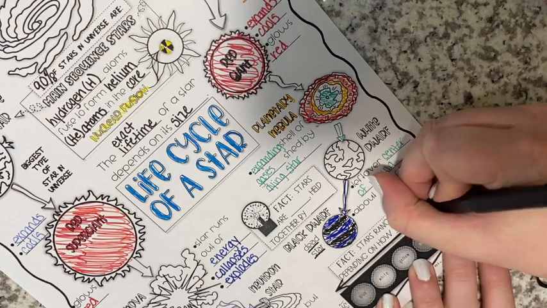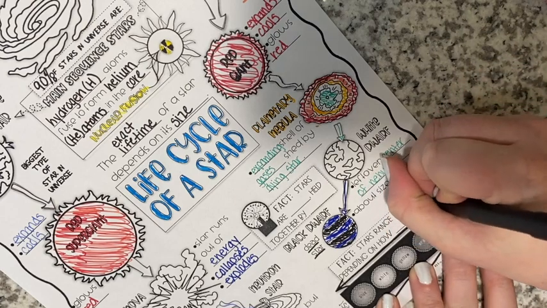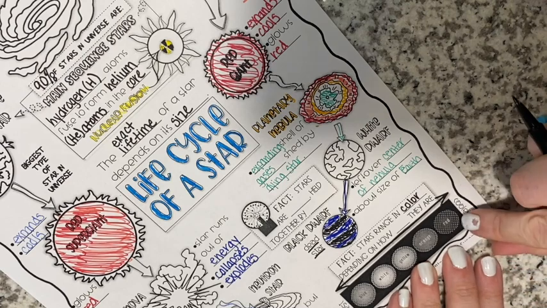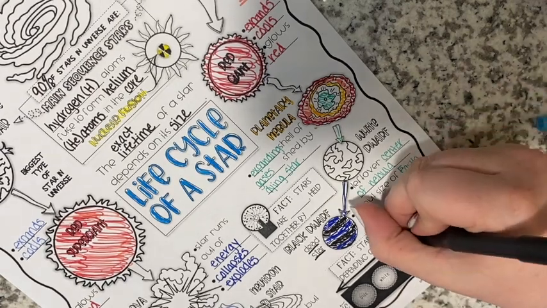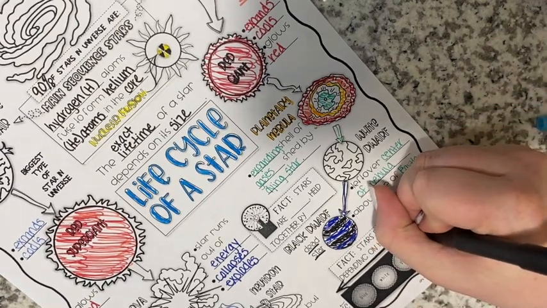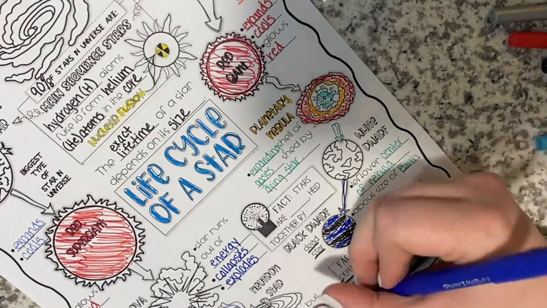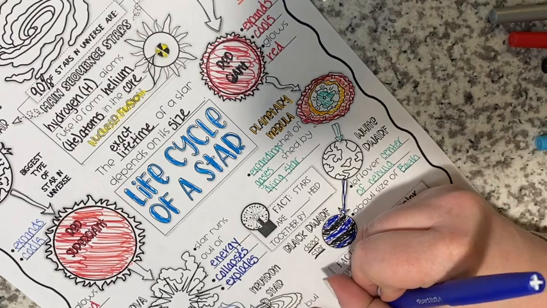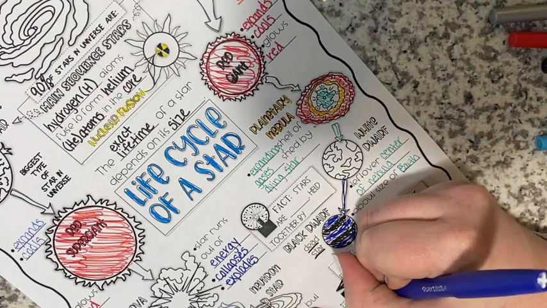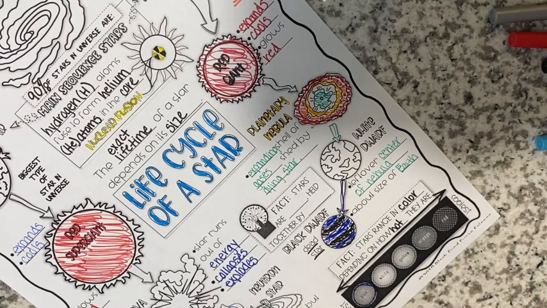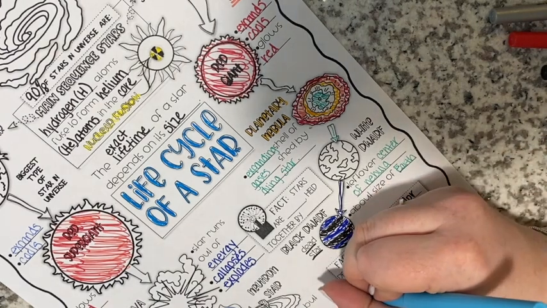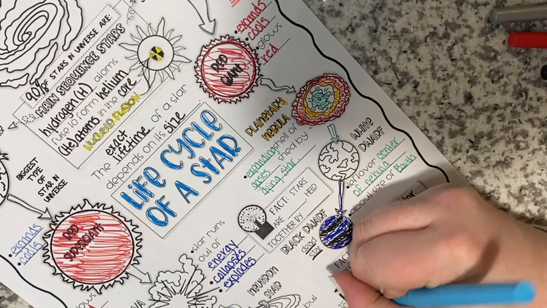An important fact that you need to know is that stars range in color depending on how hot they are. The hottest stars are blue in color. I feel like this lighter shade of blue is a little easier to see.